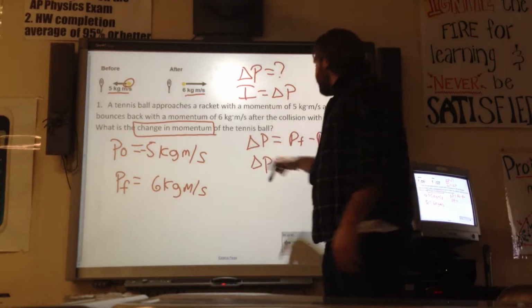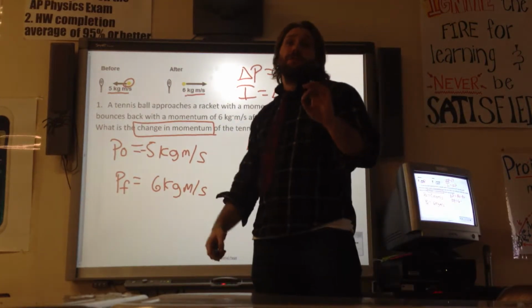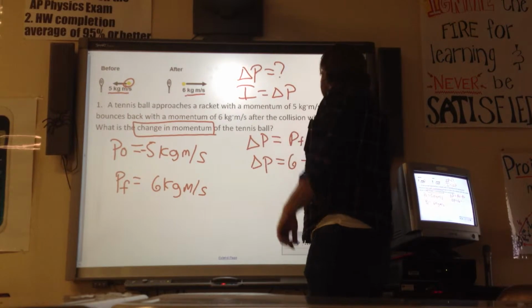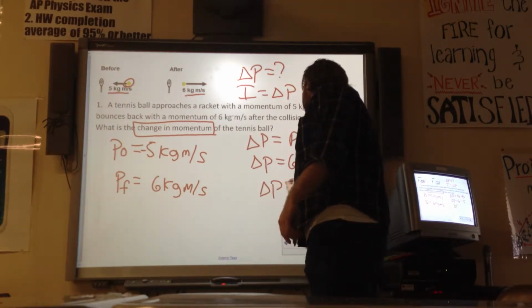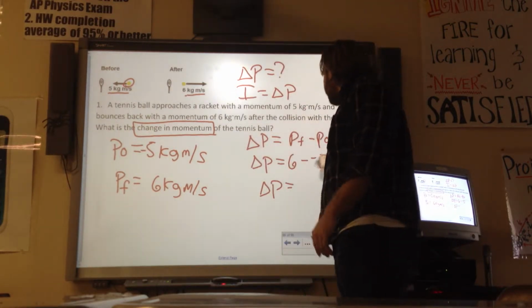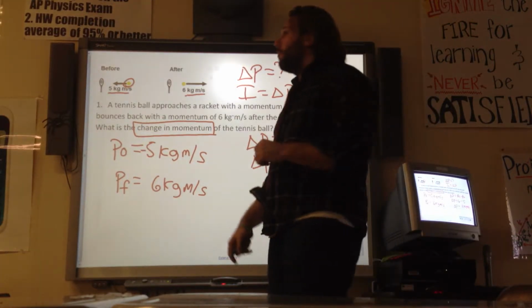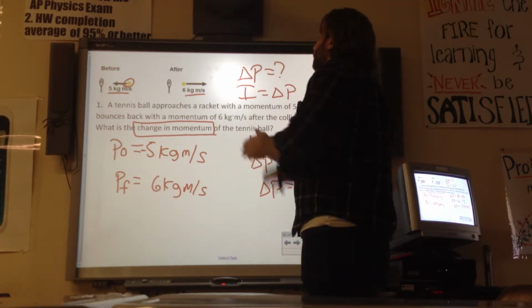Final momentum, we have a 6 minus, and this is where, if you just subtracted 6 minus 5, you would get it incorrect, because it's minus negative 5. That becomes 6 plus 5, because we have minus a negative, which is 11 kg·m/s.